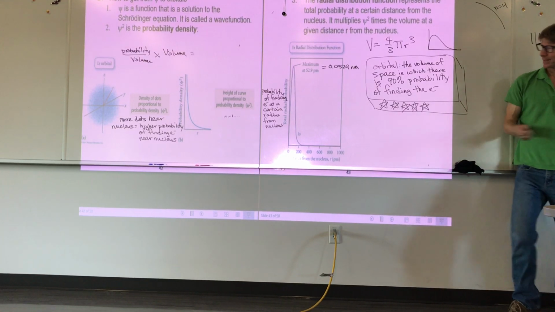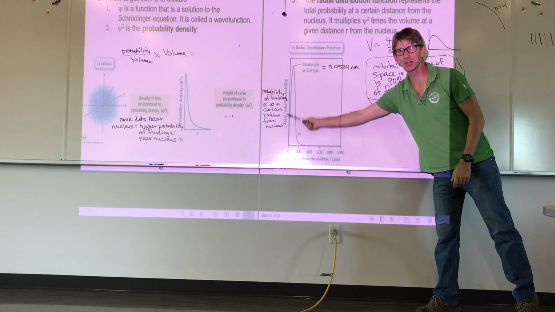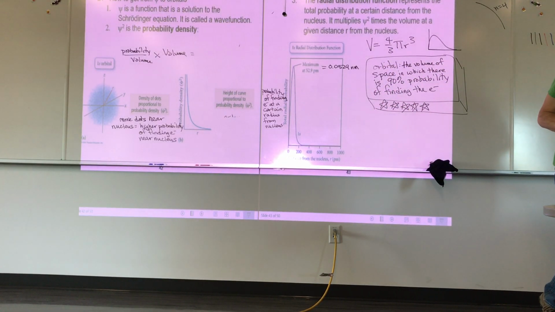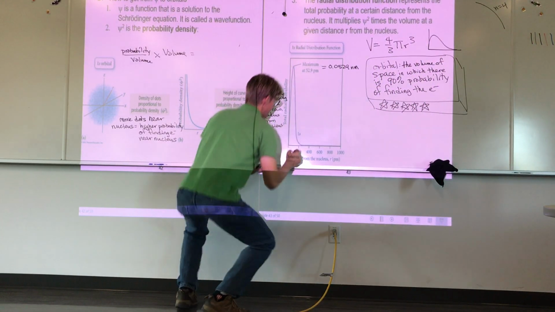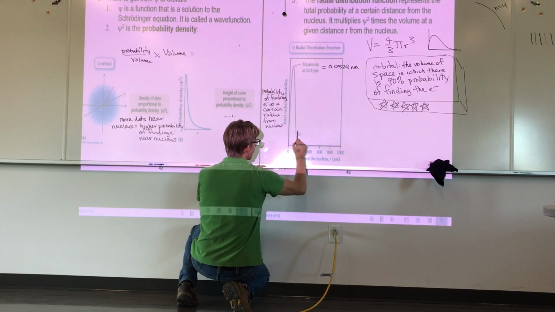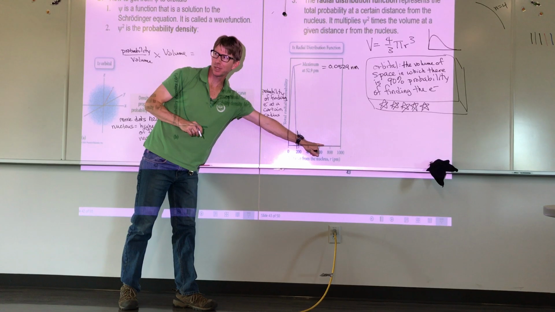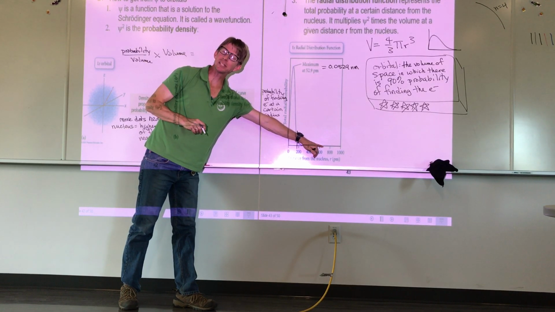Now, this picture and the area under this curve is 100% of the probability. If we want to find 90% of the probability, we can actually cut off the top 10%. And in fact, that's what you do for homework 7, problem number 11.